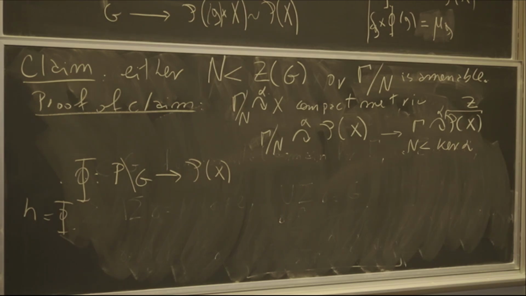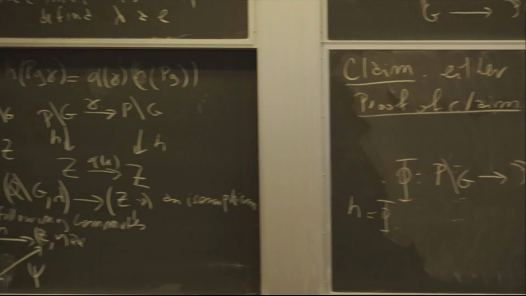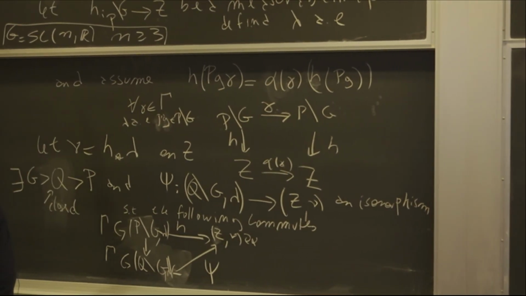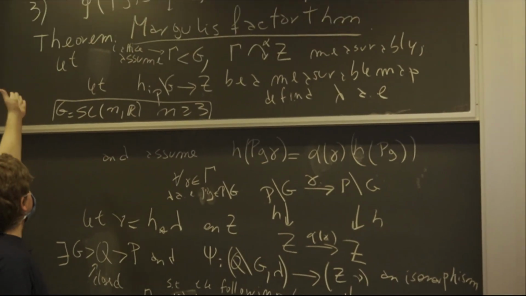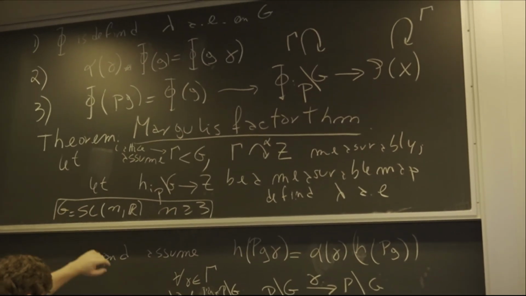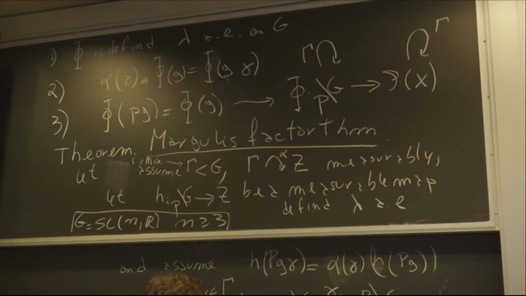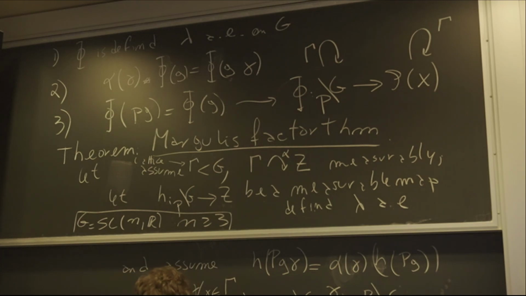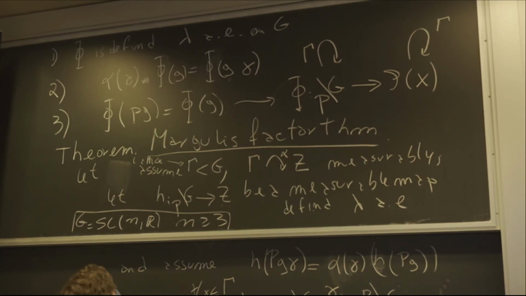The commutativity of this diagram is condition 2. The fact that it's defined on G mod P is condition 3. The fact that it's well defined with respect to lambda almost every point here is condition 1.